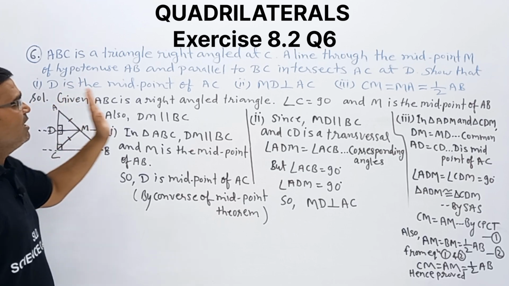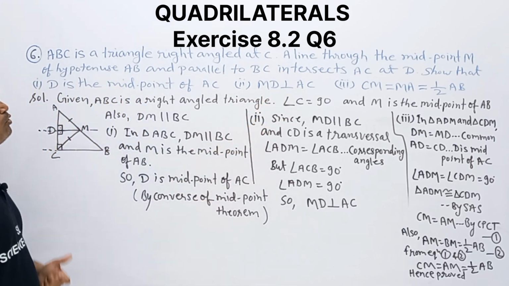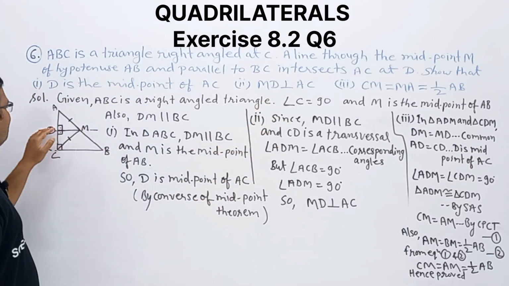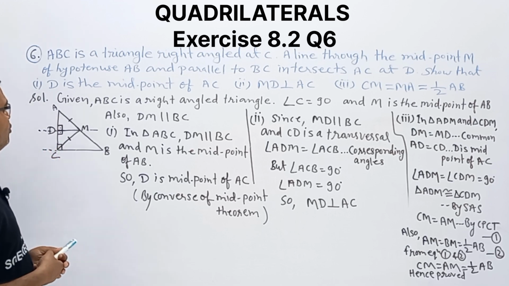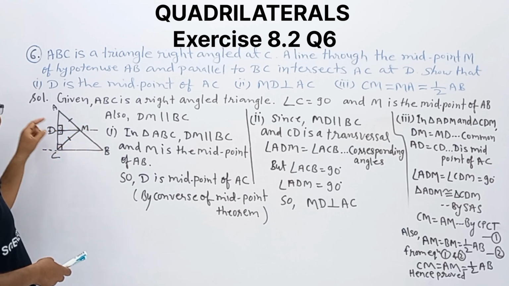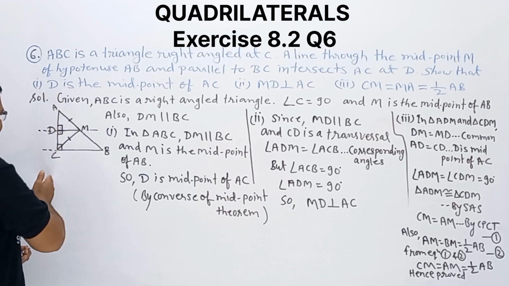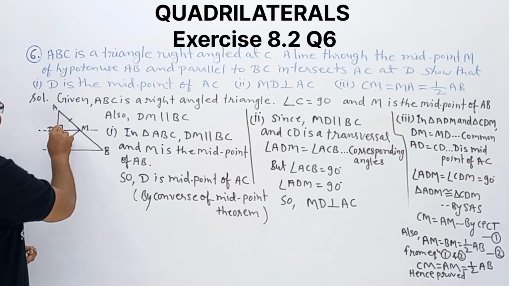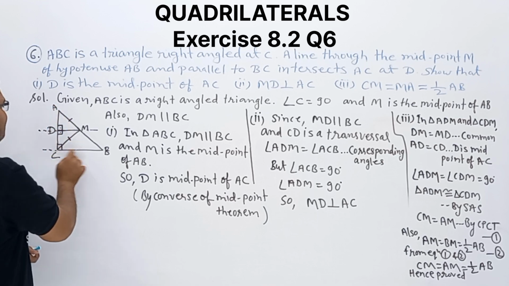First thing we proved. In the second one we want to prove MD is perpendicular to AC. How will we prove it? MD is parallel to BC, and considering CD as a transversal, angle ADM equal to angle ACB.